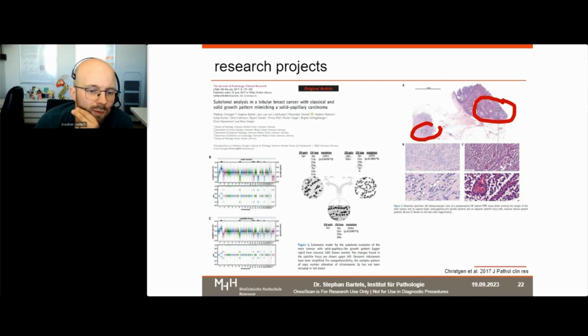But then we did comprehensive molecular analysis, and these 2 different regions share the same CDH1 frameshift mutation and share different amplifications and deletions analyzed by the OncoScan.